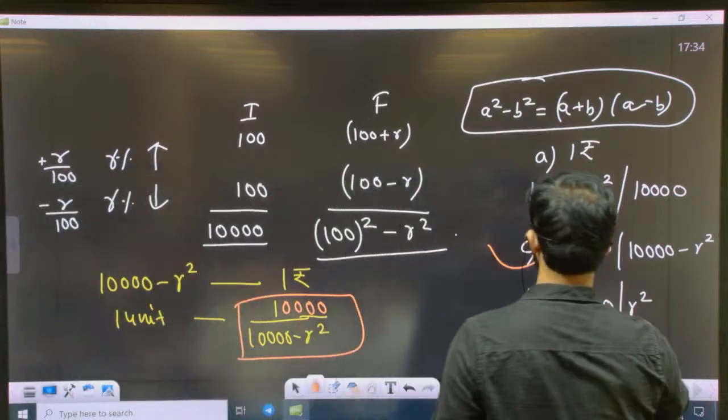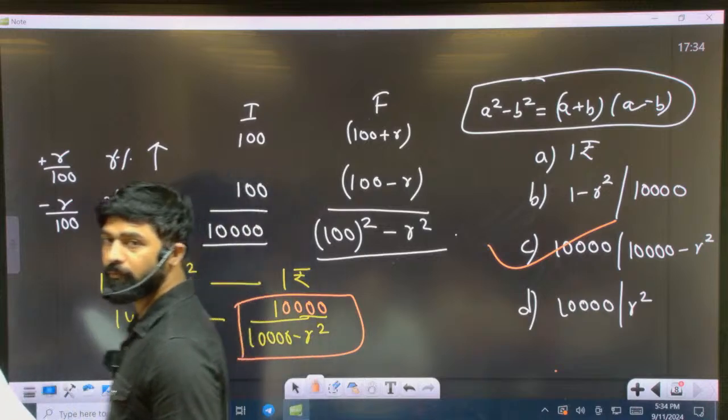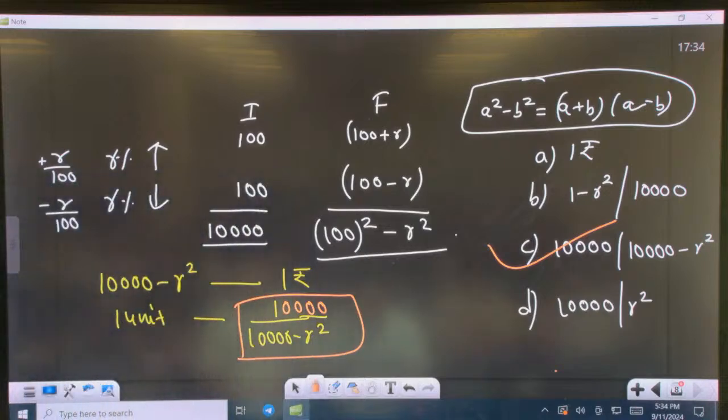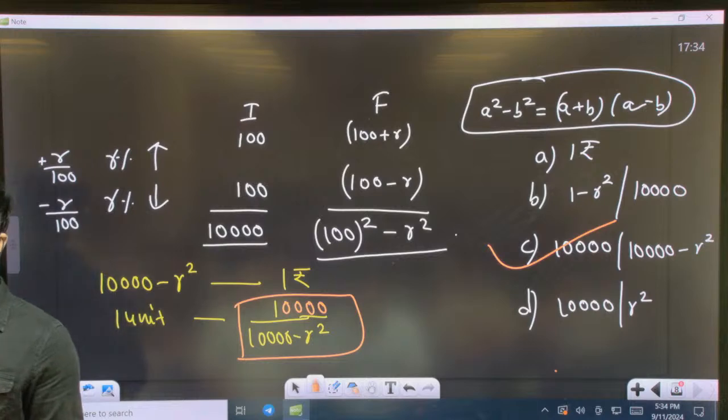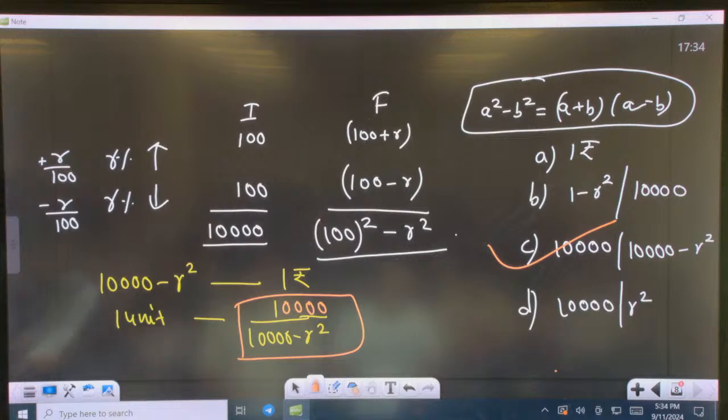So this is the answer, option C. Okay. Any problem? And the question has been done by the simple method where we started, that initial and final concept. Write down the question. So the answer is 10,000 upon 10,000 minus R square. Done? Okay, if you have done it, then write the next question.